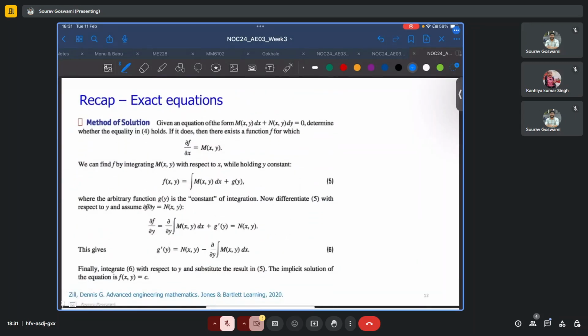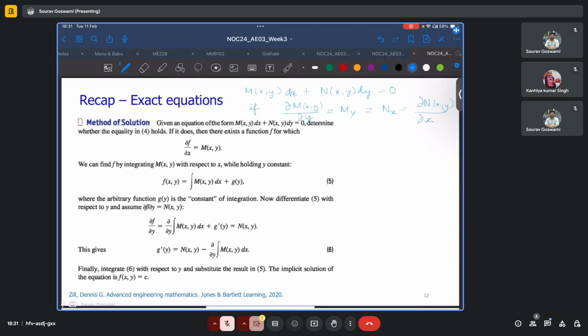Now, for cases where the equation given to us is exact, just to rewrite, the equation M(x,y) dx plus N(x,y) dy equals 0 is exact if ∂M/∂y, which is also written as M_y, is equal to N_x, which is in fact ∂N/∂x.